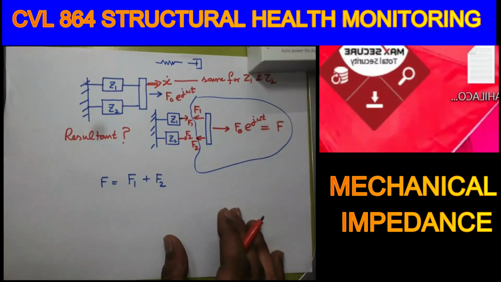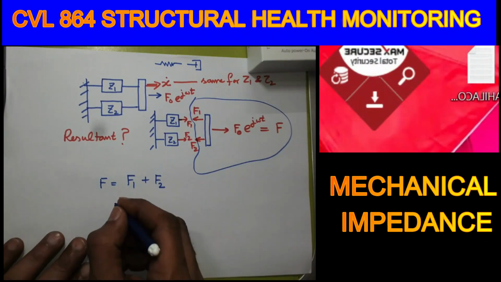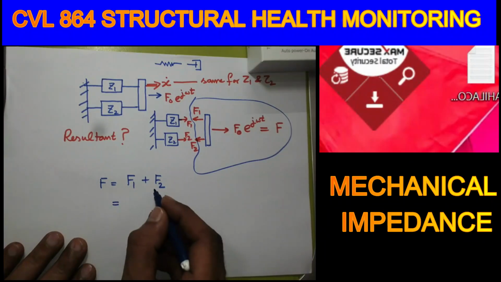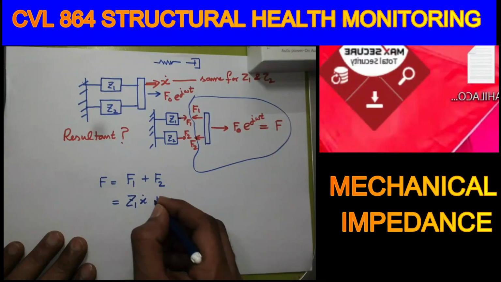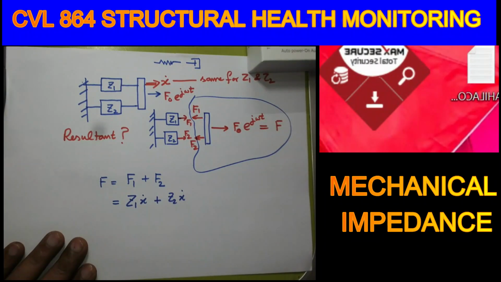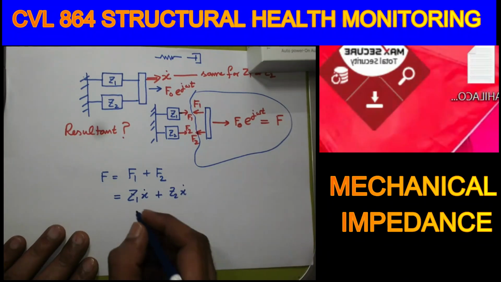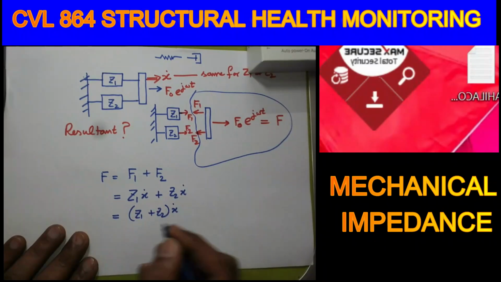So we can represent the entire thing like this, that we have the first impedance and the second impedance. So that is Z1 into x dot plus Z2 into x dot. So velocity is same. Alright, so we say that this is equal to (Z1 plus Z2) x dot. So what is now this?